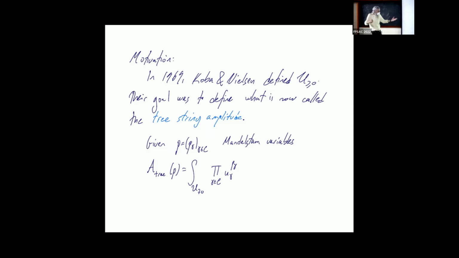You want to describe that by describing this amplitude function, and the data that you have are these momenta. Technically, not exactly momenta, but these so-called Mandelstam variables. And so the way it's defined is it's an integral over the totally non-negative part of U gamma to the power P gamma, where these P gammas are the Mandelstams, and the U gammas are the solutions to the U equations.